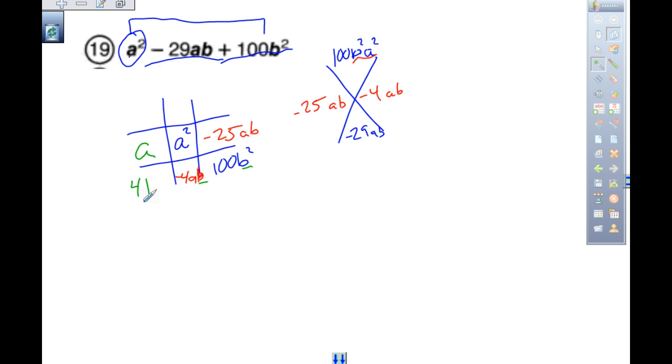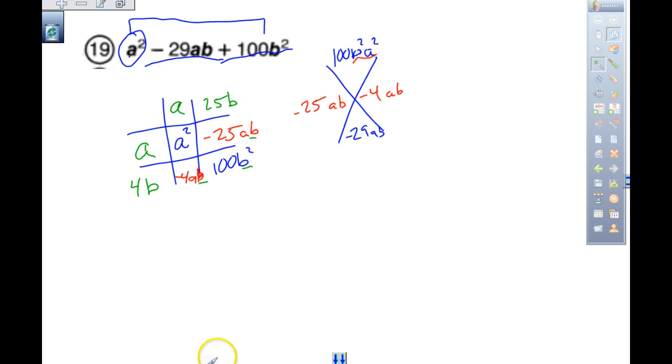I've got to take out a b as well. Same process above. This column, both of them only have an a in common. And a times a is a squared, so that checks out. And then these, 25 and 100, 25 goes into both. And they both have a b in common.